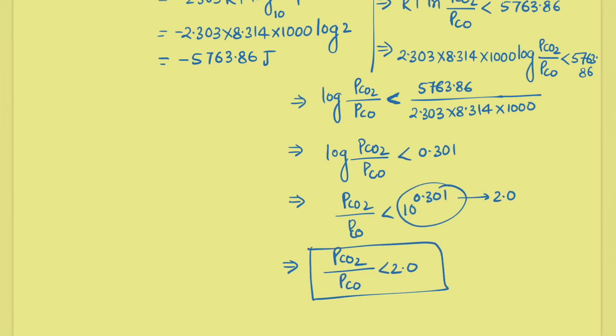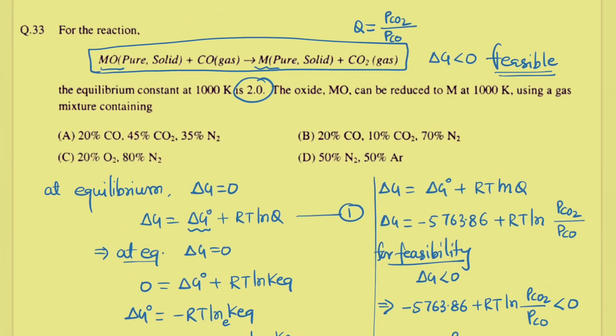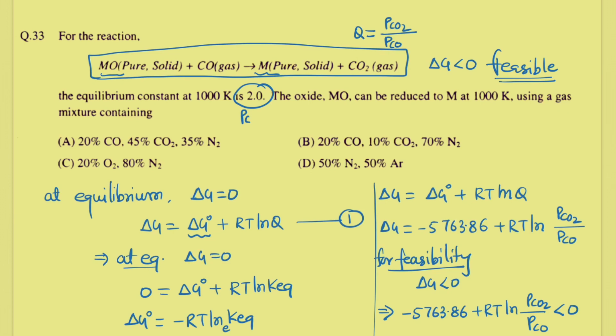This must be satisfied, then only the reduction of MO can be achieved by using carbon monoxide at 1000 Kelvin. So we can see which gaseous mixture has PCO2 by PCO less than 2. This is the requirement.